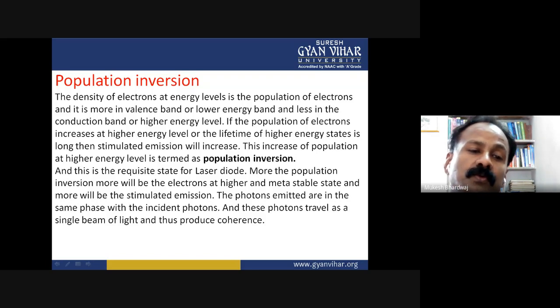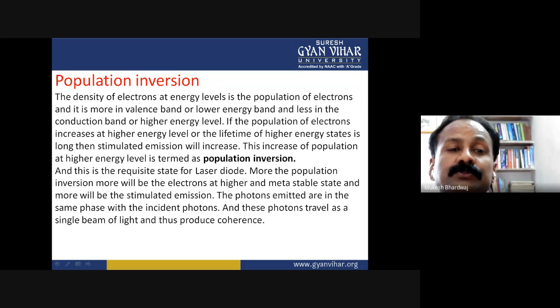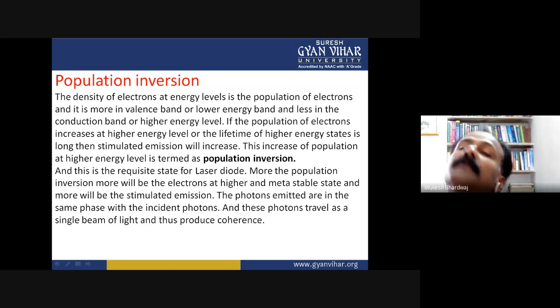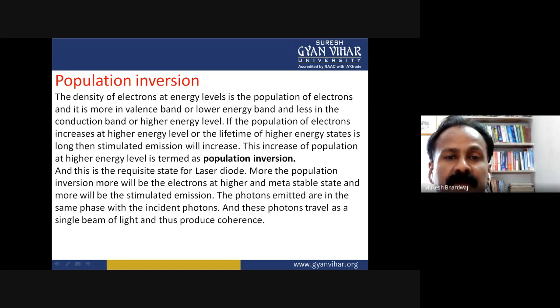So, for laser action, that is lasing, to take place, there should be more electrons at the higher energy conduction band than at the lower energy valence band. This situation is called population inversion, because normally the valence band is much more heavily populated than the conduction band.